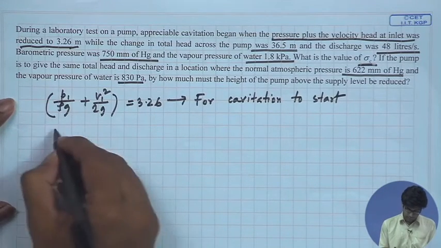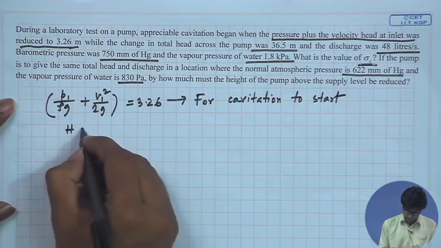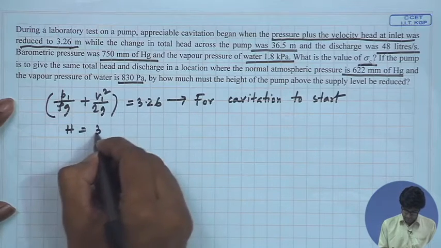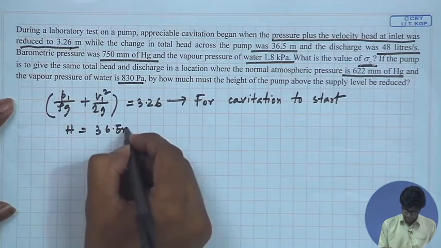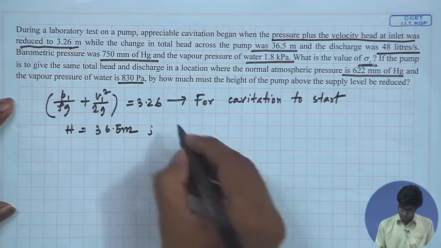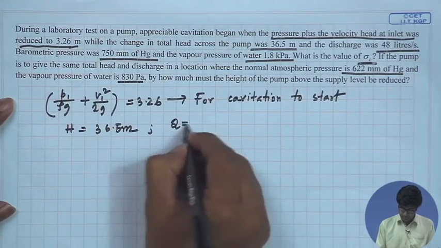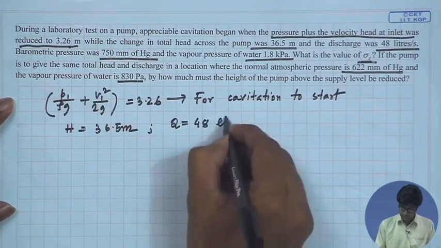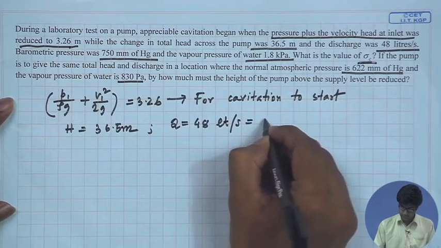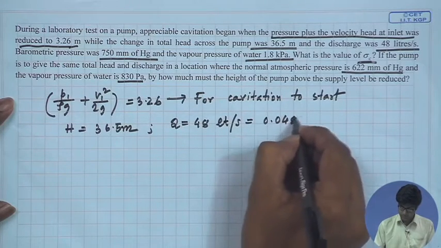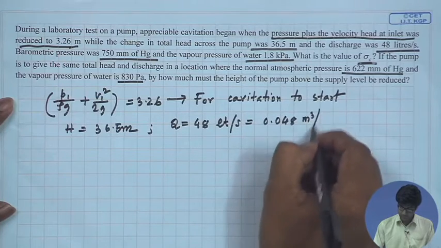Next, we are given the net head change across the pump as 36.5 meters. The discharge is given as 48 liters per second, which is 0.048 meter cube per second.